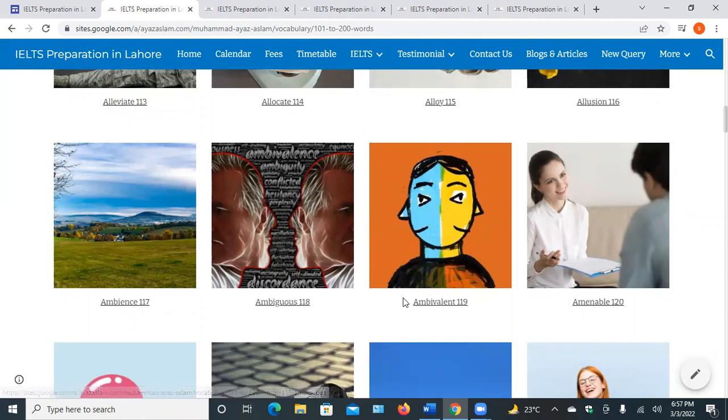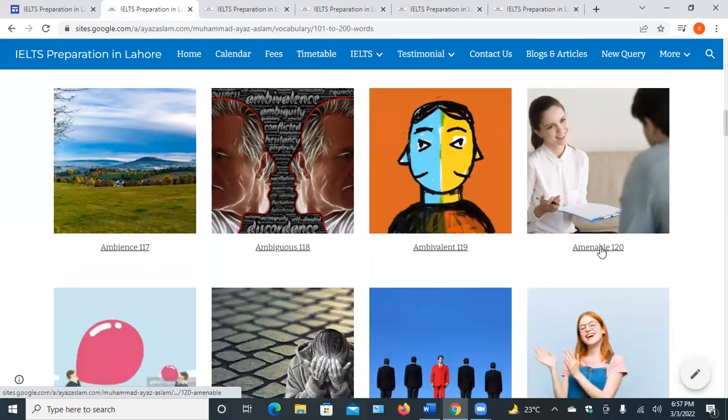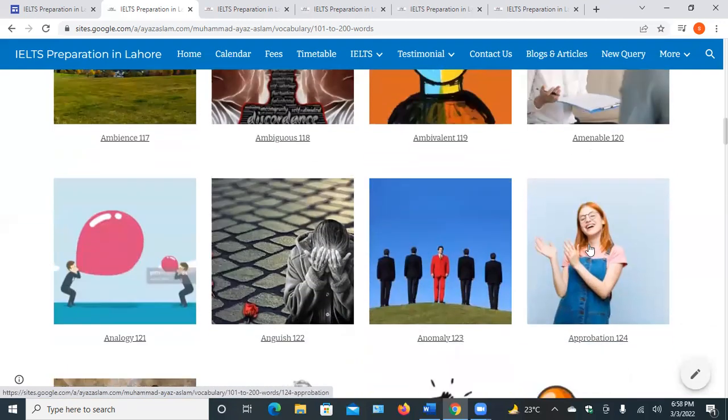Unclear, unsure. Ambivalent, positive and negative feelings at the same time, and you are unable to decide one thing. Undecided. Amenable, it means a mother has three amenable children. Obedient. Analogy, it means resemblance.